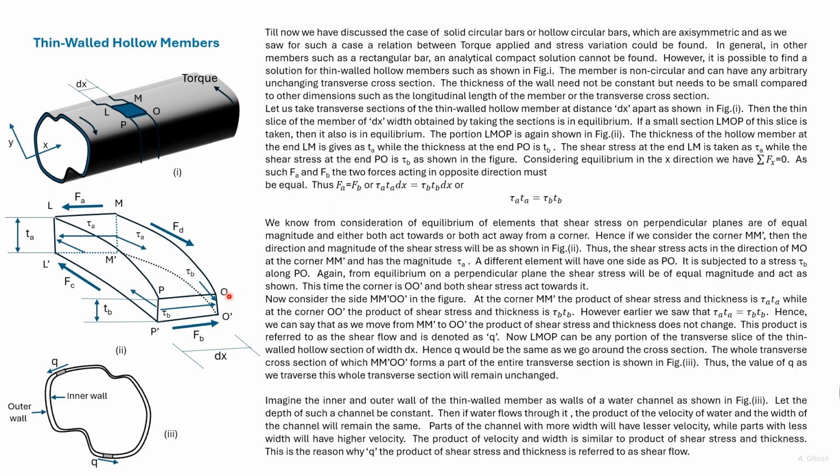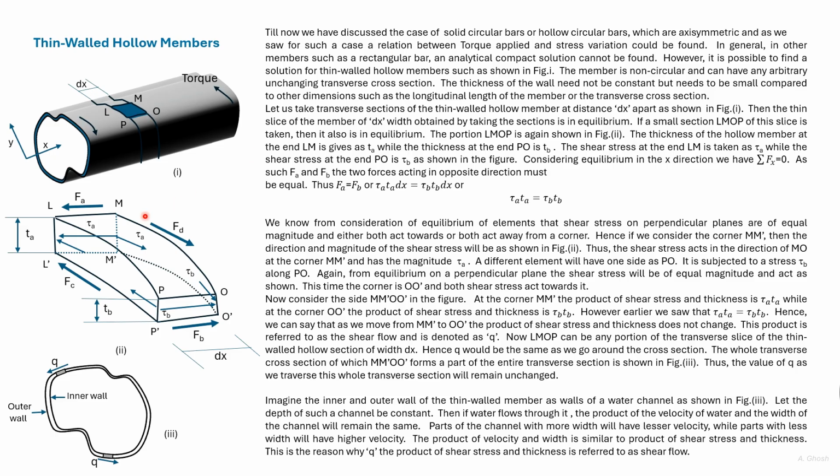Let us also consider that OO dash is the corner of an element. This element is quite different from the element of which MM dash is a corner. But at the corner of OO dash, since this shear stress acts towards OO dash, the perpendicular shear stress will have the same magnitude and act towards OO dash as shown.